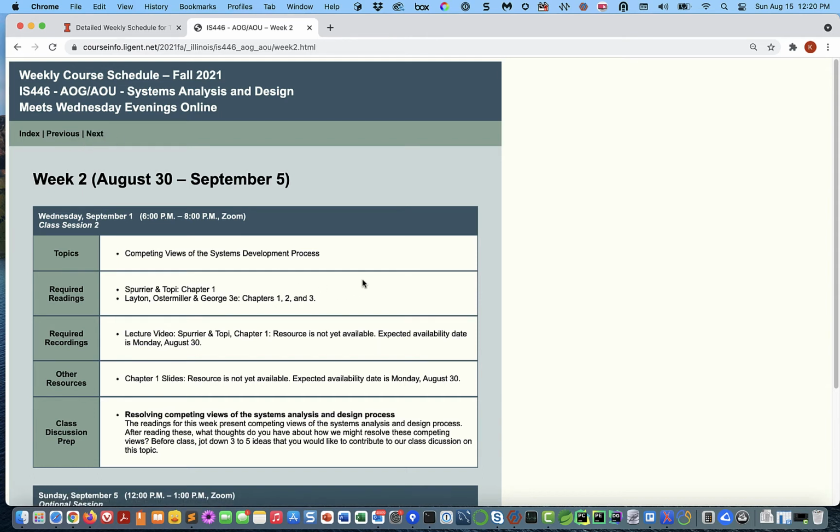Okay, in week 2, we're going to be talking about competing views of the systems development process. There is an older school approach to systems analysis and computer systems development, okay, that's been around for a long time. Some people call that a big plan up front approach or the waterfall approach.